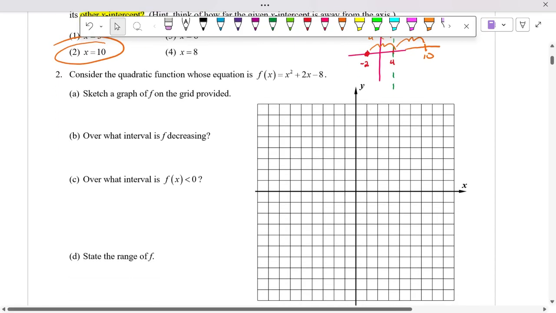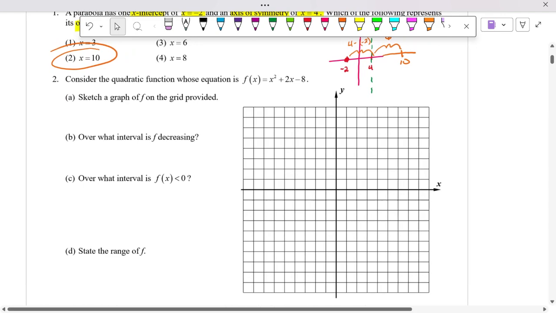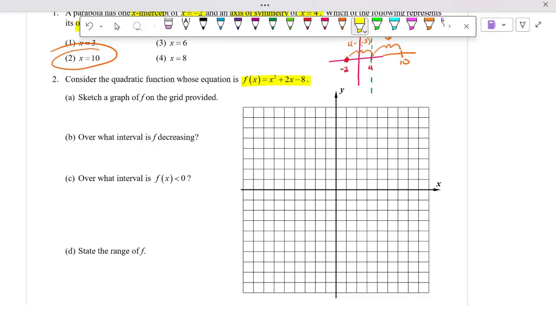All right. Now, next one. They gave you this quadratic function. They asked you to graph it first. Now, I want to graph it using stuff that we don't pull from Desmos, using the methods that we learned back in Unit 3.